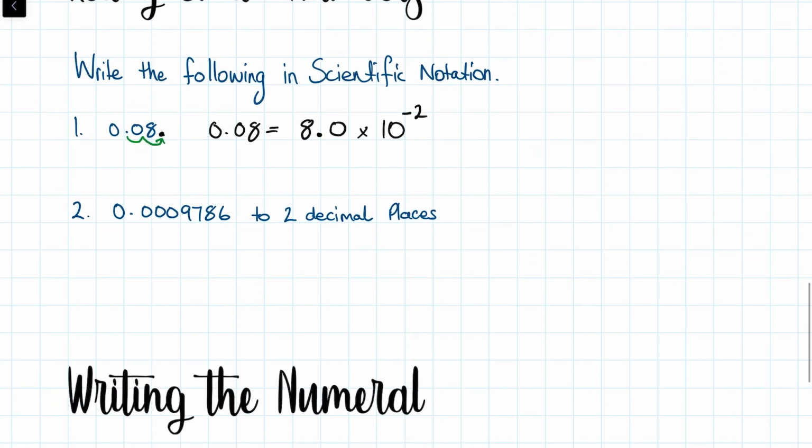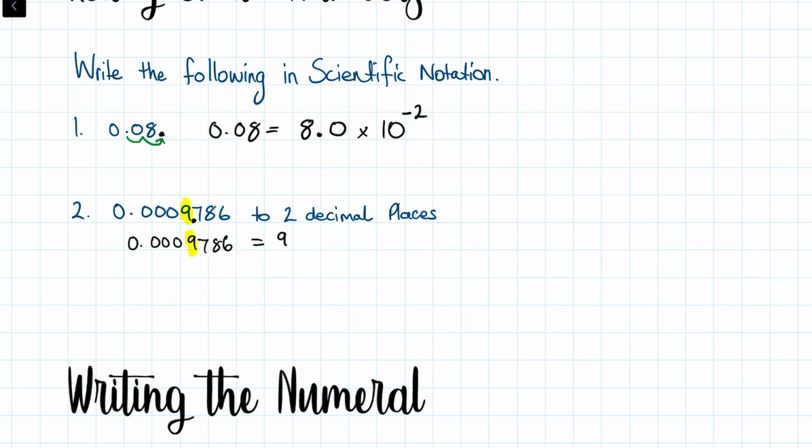So let's look at example 2 here, remembering to pause the video to write these down. 0.00098786, I'm going to identify the first non-zero number. The first non-zero number is the number 9. I want the decimal point to be after that 9.